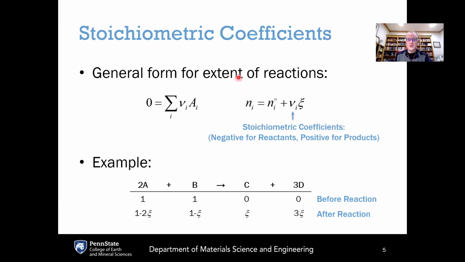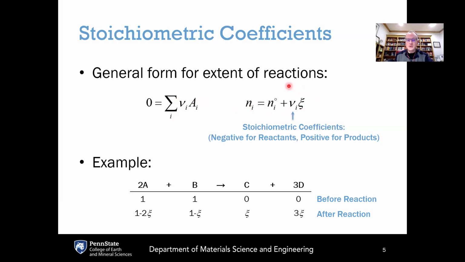Now, with these stoichiometric coefficients here, the general form is 0 is equal to the summation of all of our stoichiometric coefficients, nu sub i, for all of the various species i, times A sub i, so whatever that species happens to be.